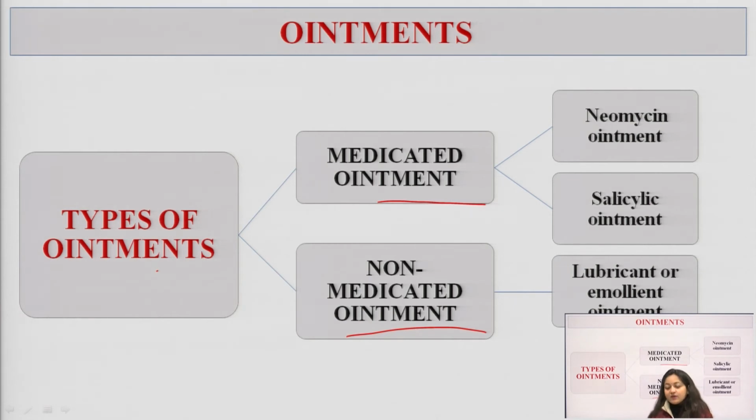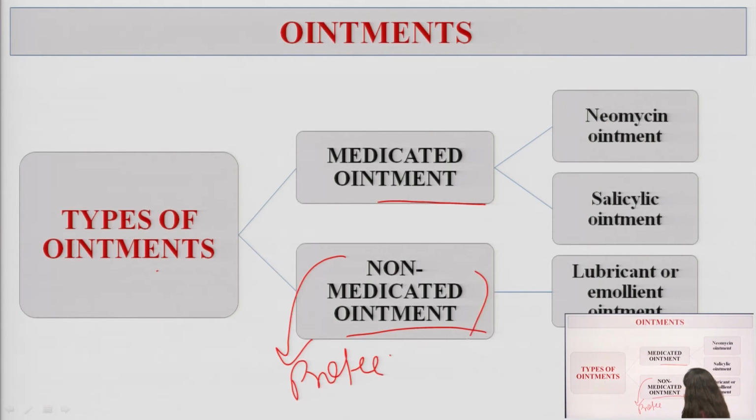In the same manner, non-medicated ointments are those which do not contain API, and they are often used for another function. That function may be, first of all, protective action, and sometimes cosmetic action as well. However, medicated ointment is going to evoke a biological response. As a result, we have classified these two types of ointment.